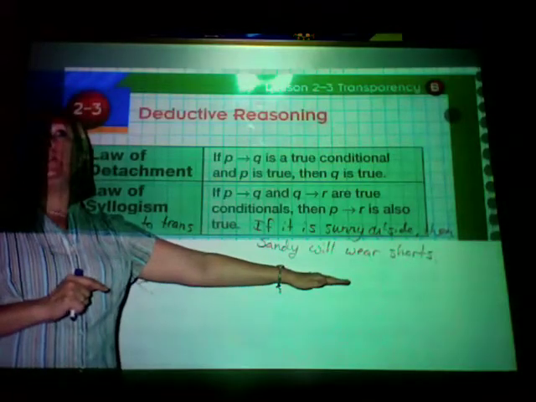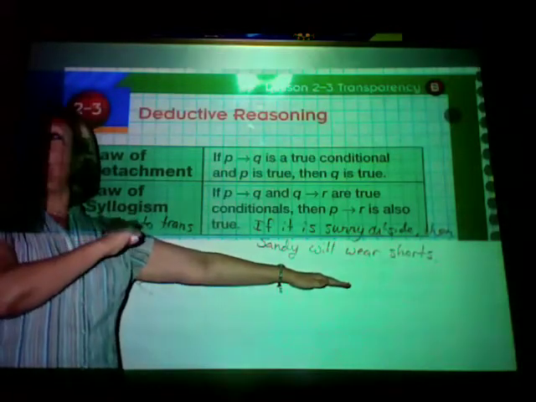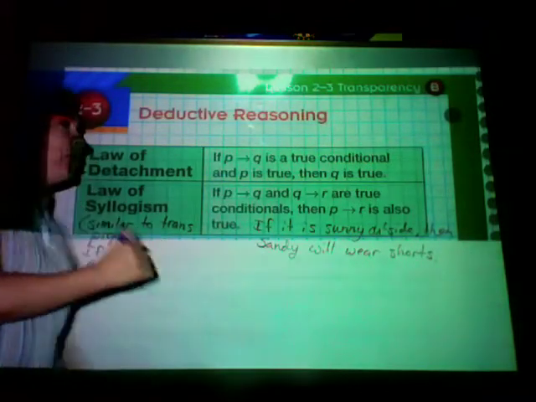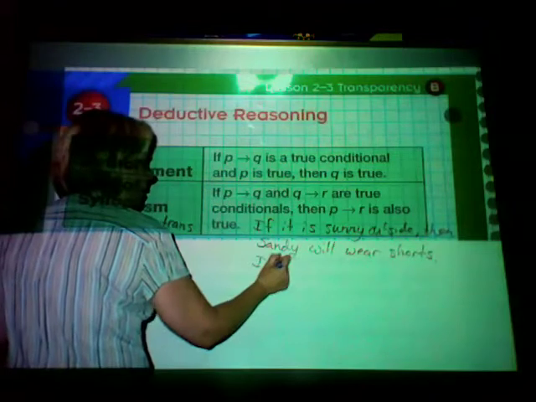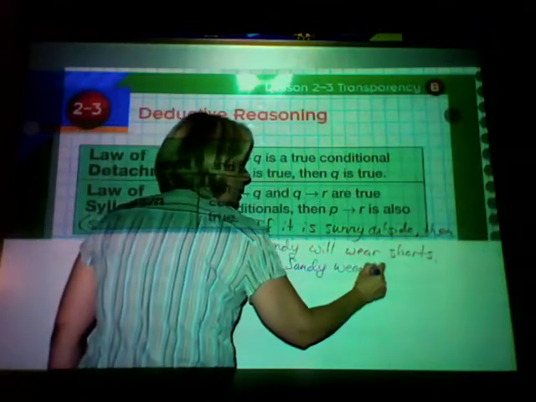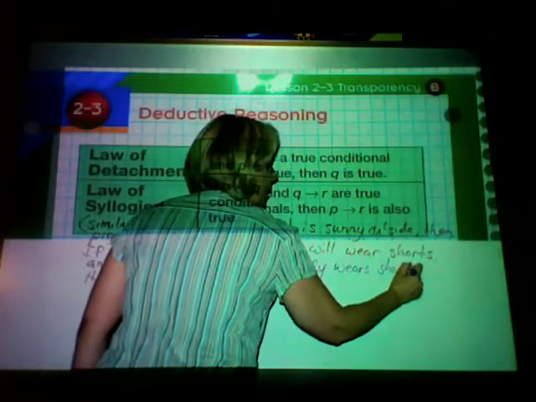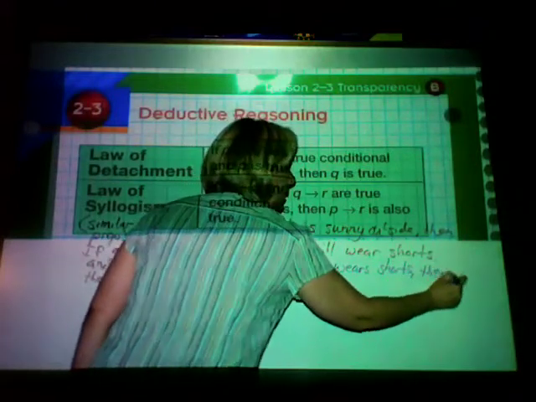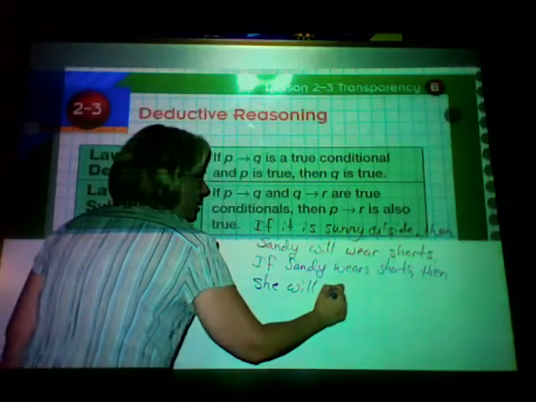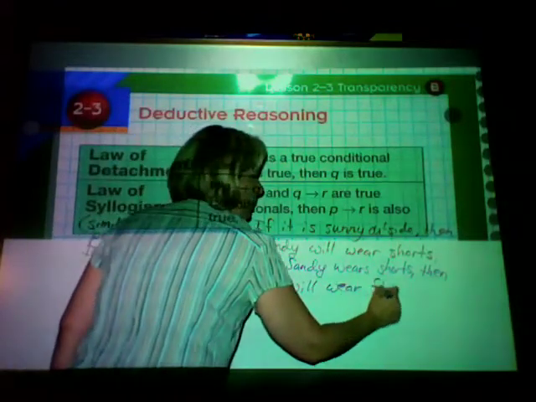Whatever the conclusion of the first one, the next one, for it to be the law of syllogism, has to start as a hypothesis the same as this. So if Sandy wears shorts, then she will wear flip-flops.